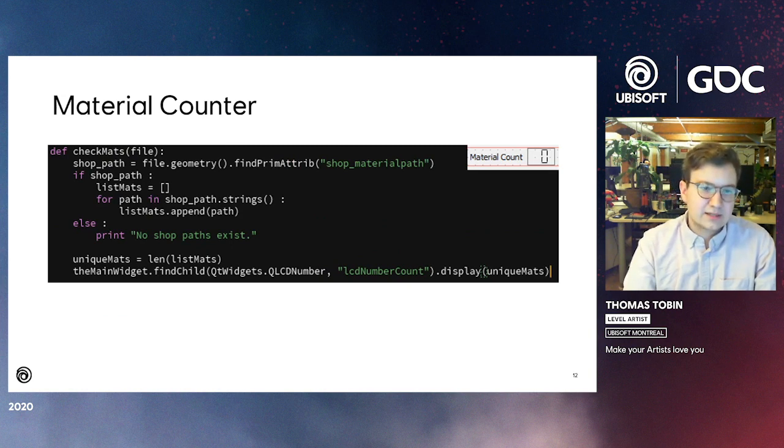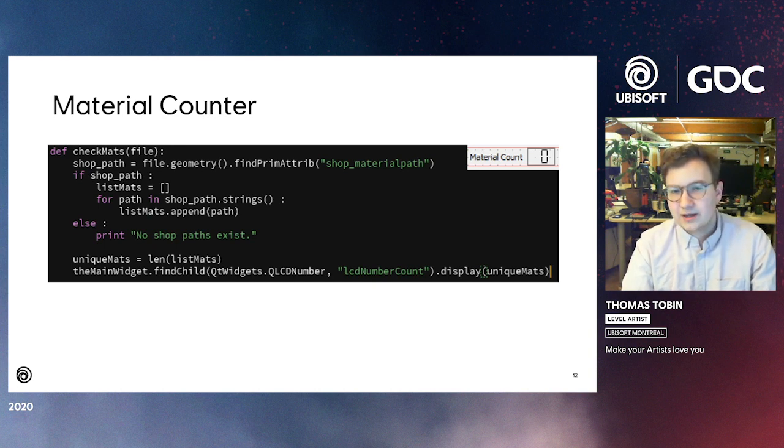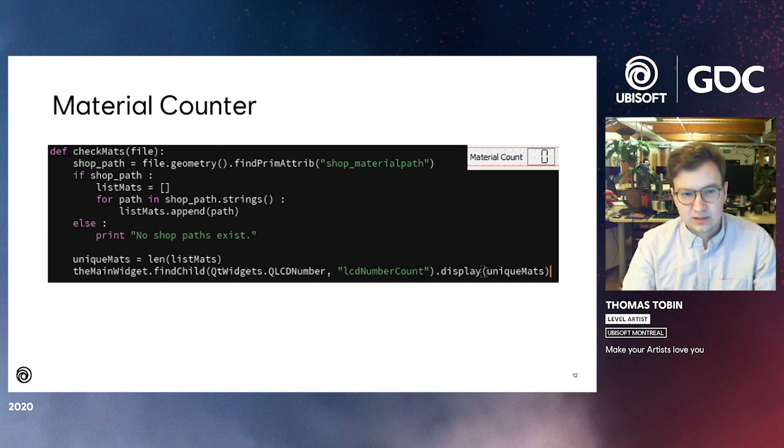From there, I simply check my materials. So shop path is file.geometry find prim attribute. So I'm just locating if the attribute even exists. And I can do this with the shop material path, and I declare that as an attribute that exists already. If it does exist, then list out an empty list of all materials.